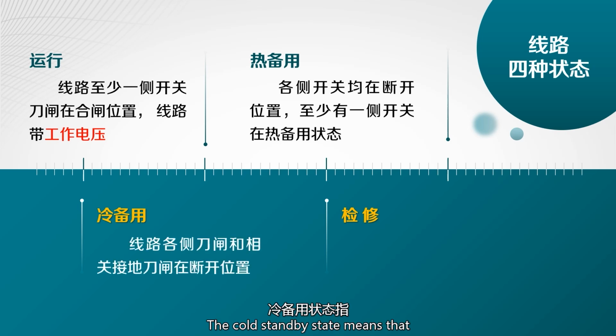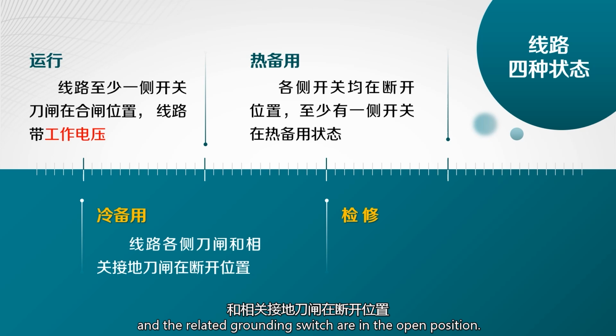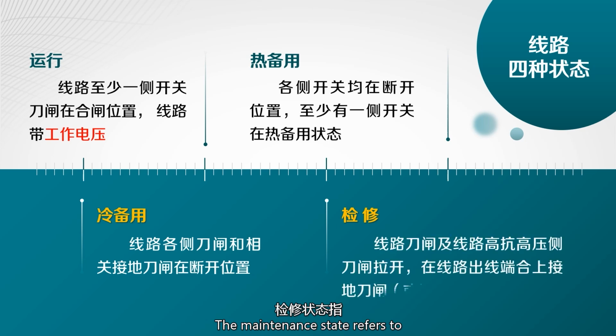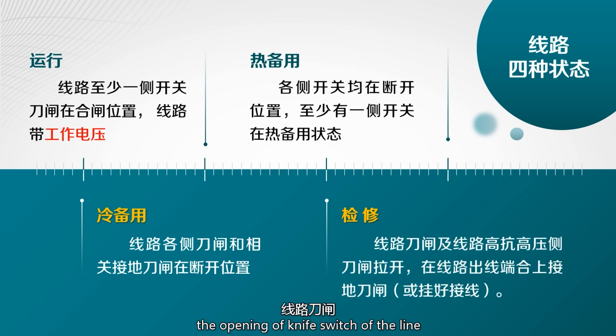The cold standby state means that the switch on each side of the line and the related grounding switch are in the open position. The maintenance state refers to the opening of the knife switch of the line and the knife switch on the side with high resistance and high voltage of the line, and the grounding switch is closed or the grounding wire is hung up at the outlet end of the line.